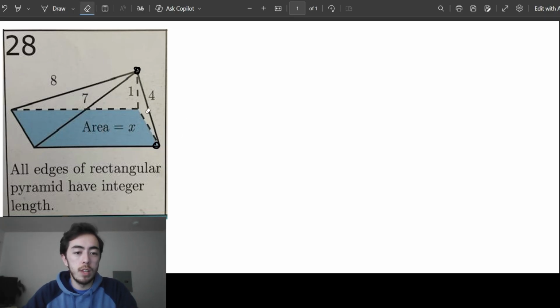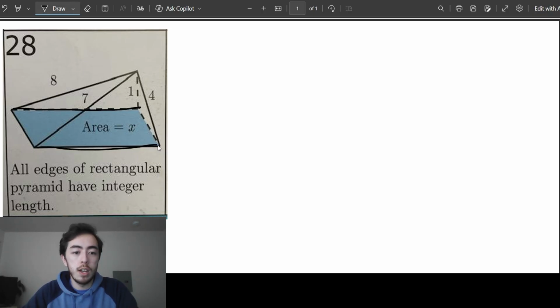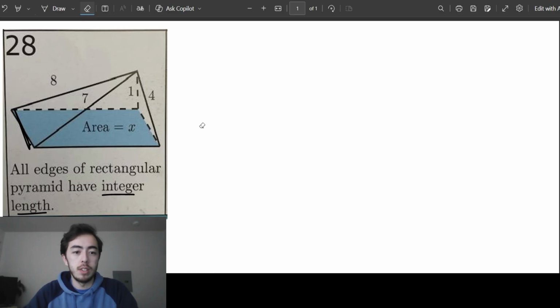And the problem is telling us that all edges of the rectangular pyramid have integer length. So far we have 4 integers, but then we'd also know that this side, given that it's a rectangle, is going to be the same length. And then also, just given from this prompt, we know that this is going to be an integer as well, as well as this depth distance here.